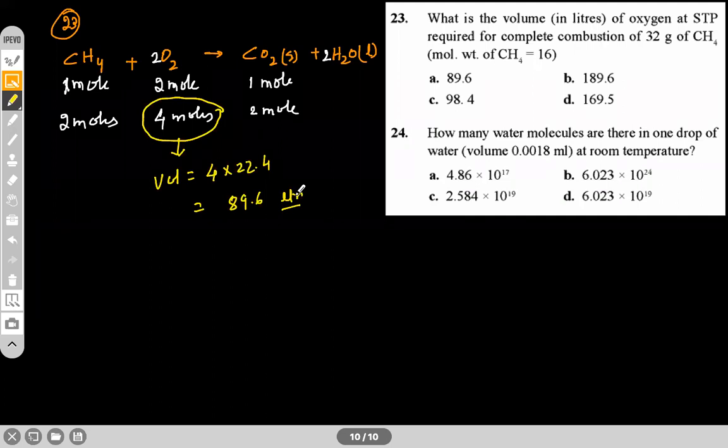If you want to give it a try on 24th, I will give you a hint here. You want to take that hint? You want to try it again, or should I solve it? You take the density of water into consideration.